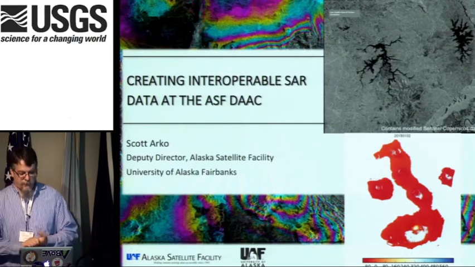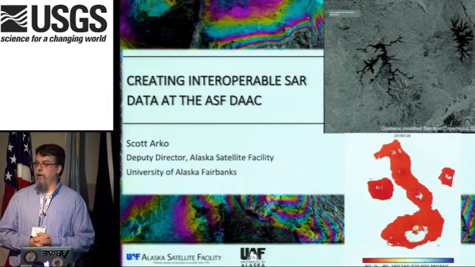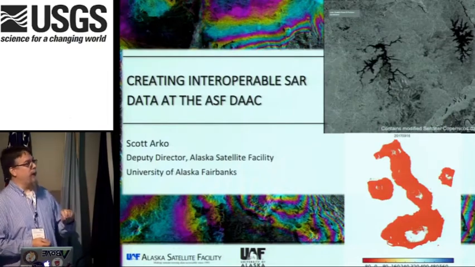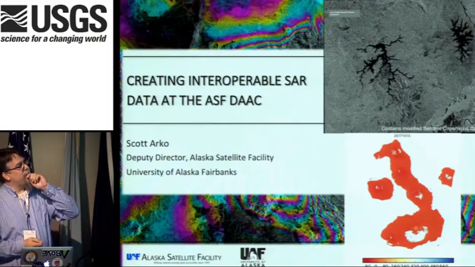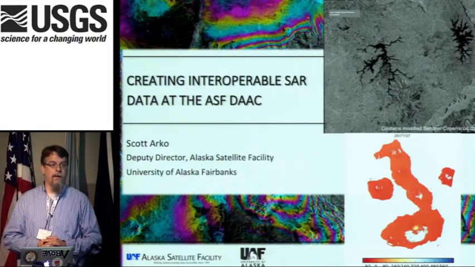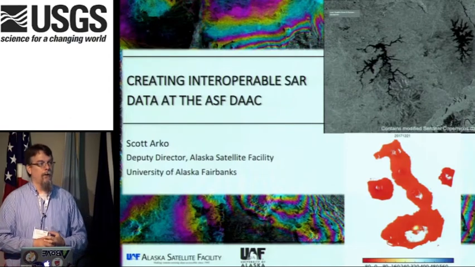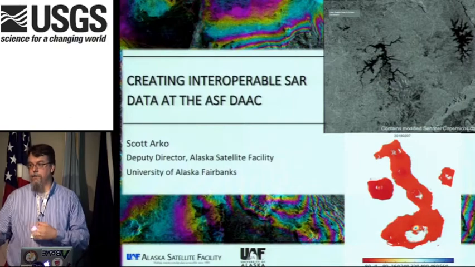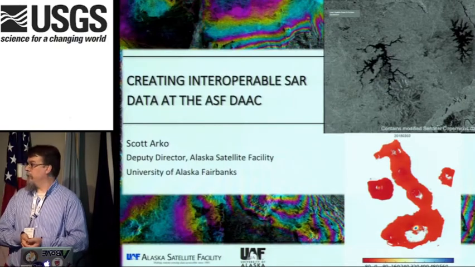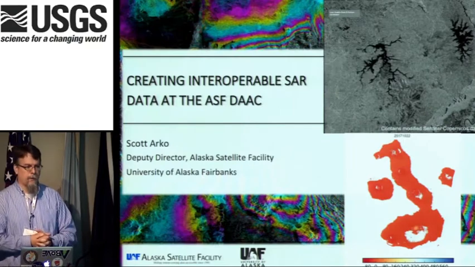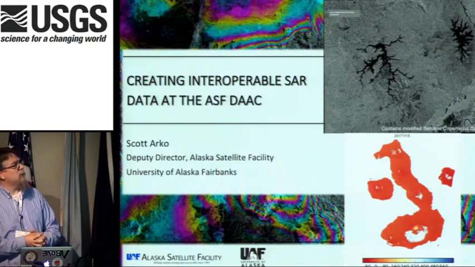So I decided to start off, because I was afraid I was going to lose everybody when I said the word radar, with a couple of eye candy things. The image in the upper right-hand corner is Laos Saddle Dam D. About a week and a half ago, Saddle Dam D failed and discharged an entire reservoir through a series of villages in Laos. It killed 36 people, I think, at this point, and displaced thousands.